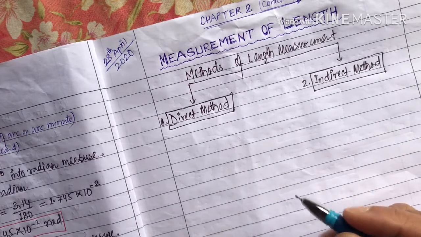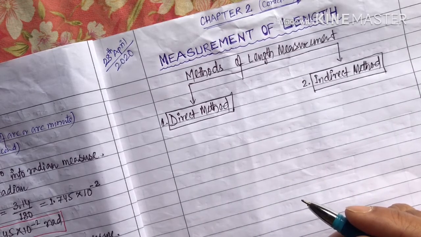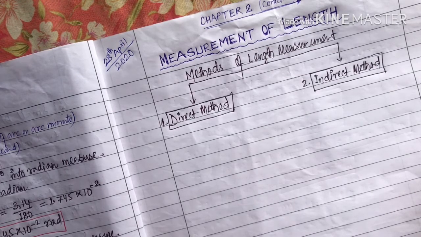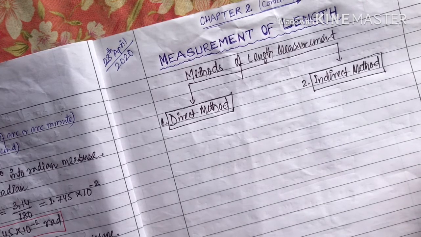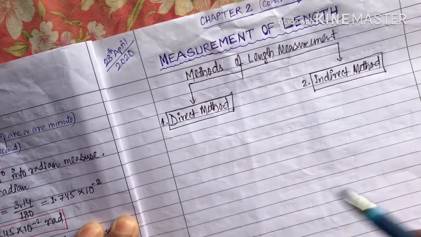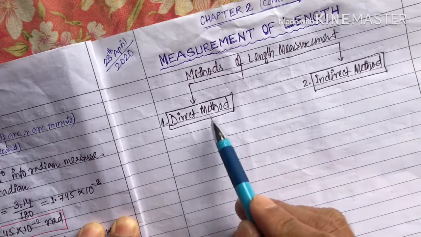Directly means, suppose I want to find a length like 1 kilometer, or 50 meter, 100 meter, or even 5 meter, 2 meter, 5 centimeter, 1 centimeter, or even some millimeter, right? If we want to measure this kind of length, we can measure it through a certain instrument, a certain measuring device. Directly we can measure what I said just now. So that comes under the direct method.